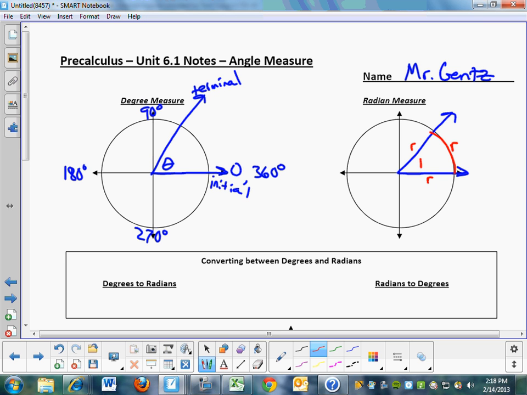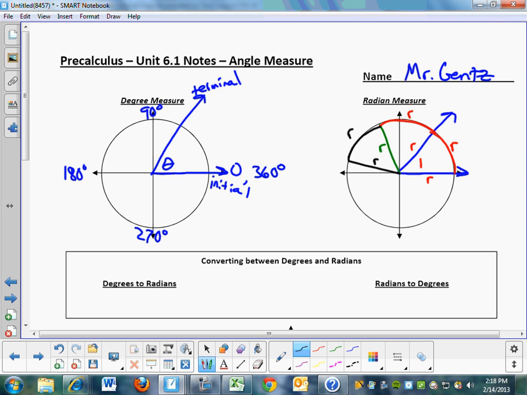Watch what happens if I put another one on it. And this will all make sense to you guys in a second. So if I put another radius on, and if I put one more on, so how many radians do I have there so far? 3.